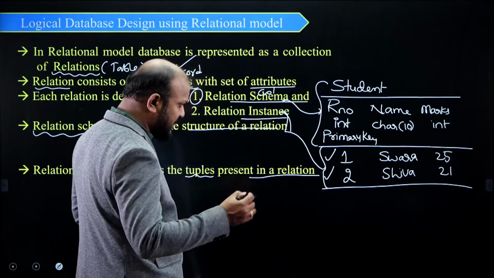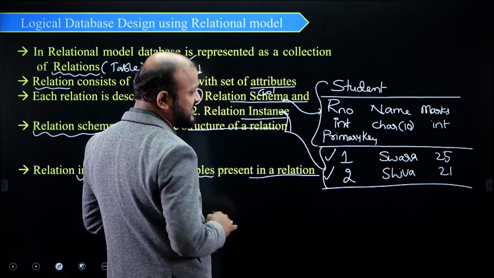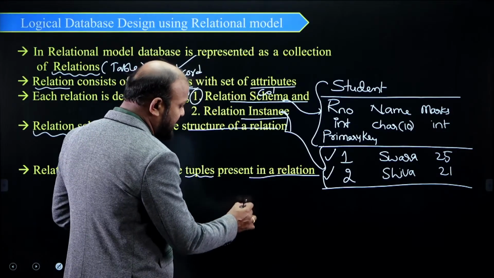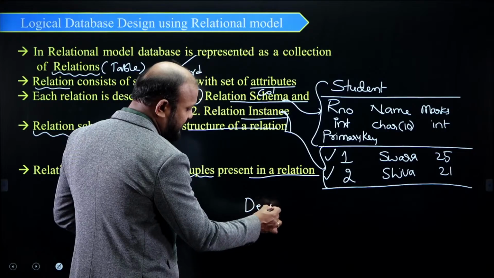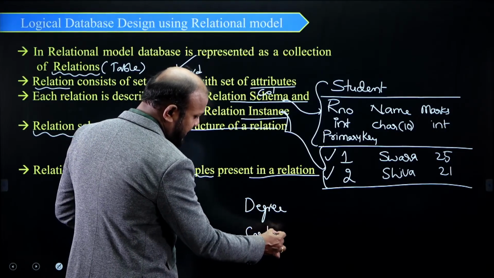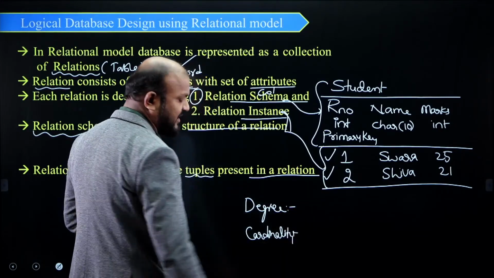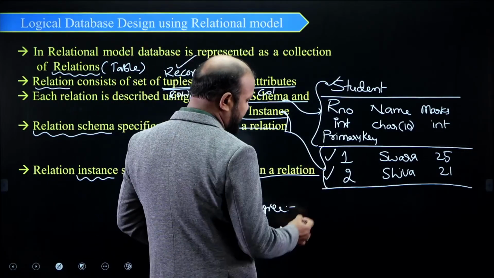Here I would like to add 2 more things. The schema is specifying the structure, the instance is specifying the tuples. Here I would like to use 2 things called degree and cardinality. Look at what is the degree of a relation and what is the cardinality of a relation. The degree of this relation is 3.